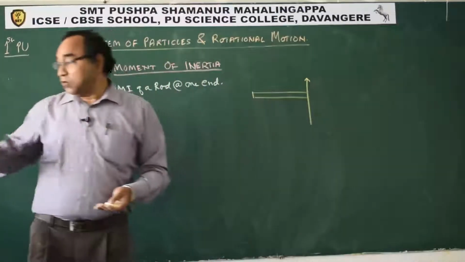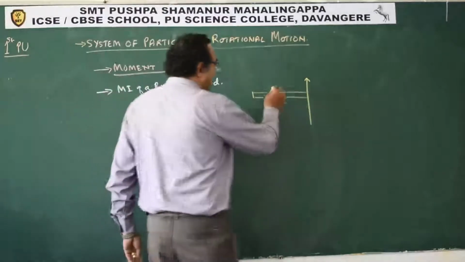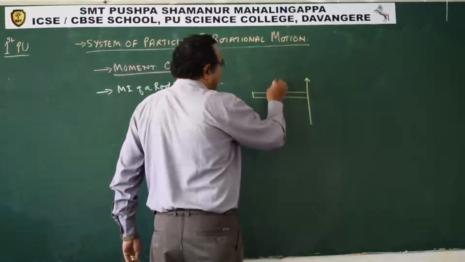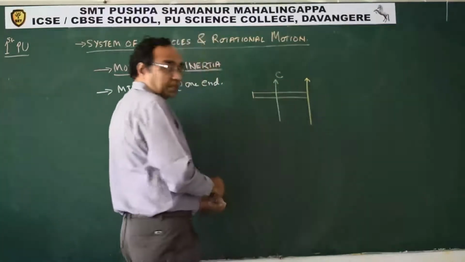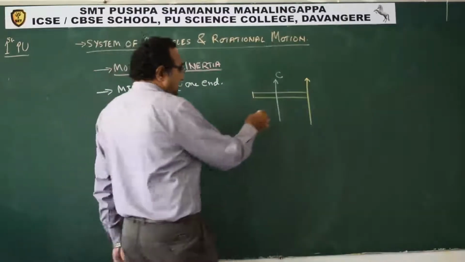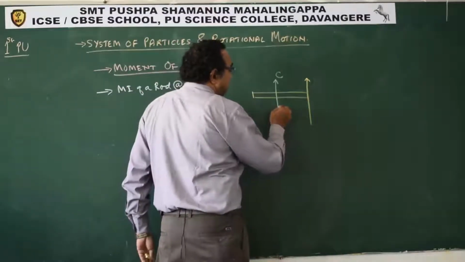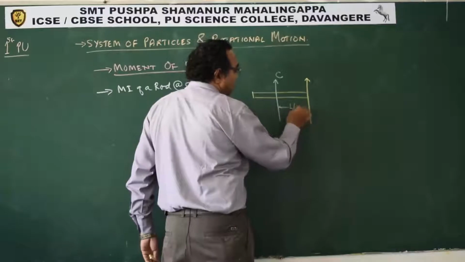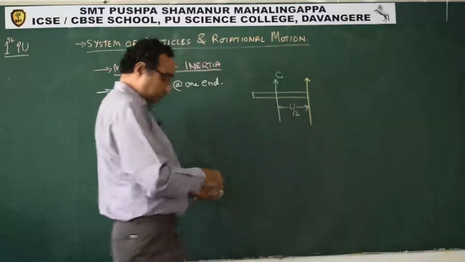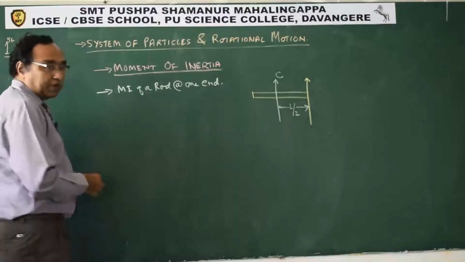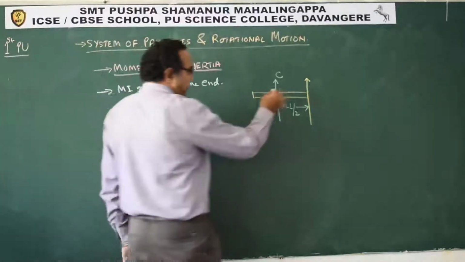Now what we know is the moment of inertia about this central axis, and here this distance is L by 2. So we need to find moment of inertia about the given axis.